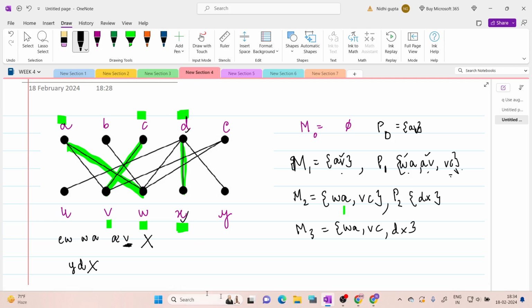So, is there any augmenting path with respect to this matching? Ma'am, this is the maximum one. Okay, if you are saying it is the maximum one, you have to give me a reason why, because we are not getting any augmenting path.